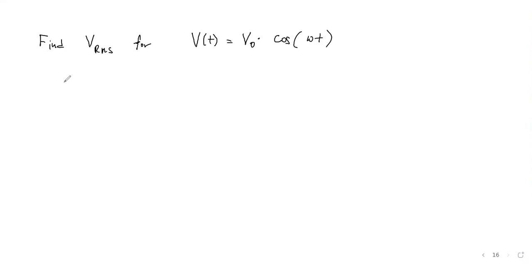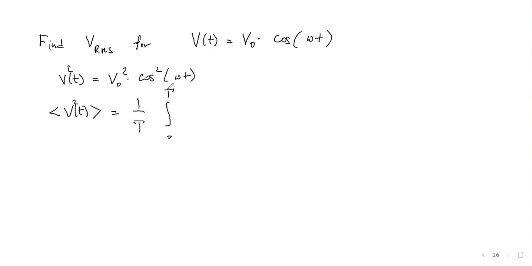So then V square would be V naught square cos square omega t. So then the average of V square would be an integral from 0 to period of V square.